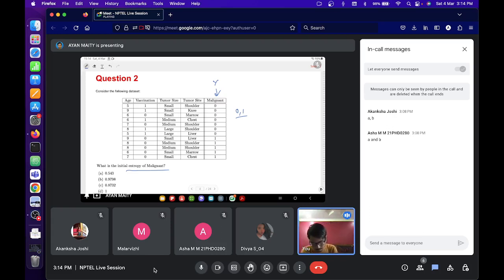So the formula for computing the entropy looks like this: E of, let's say, y is the decision variable.